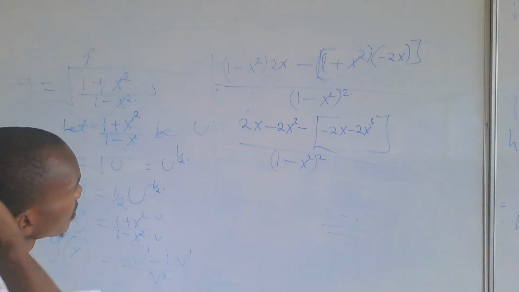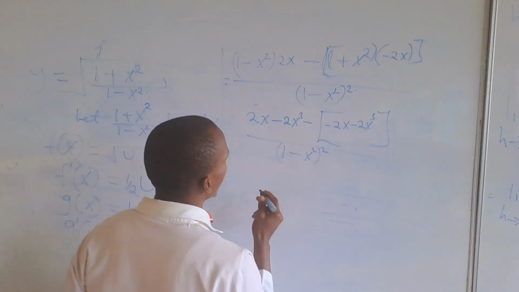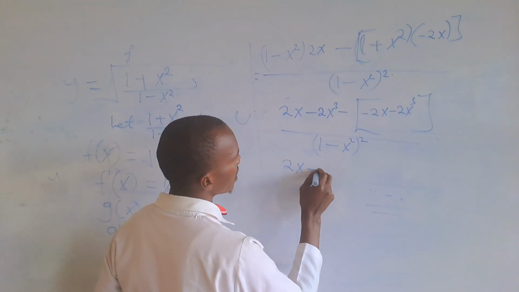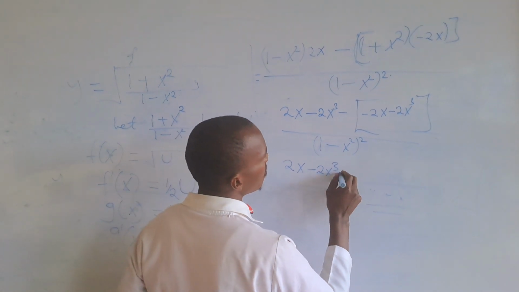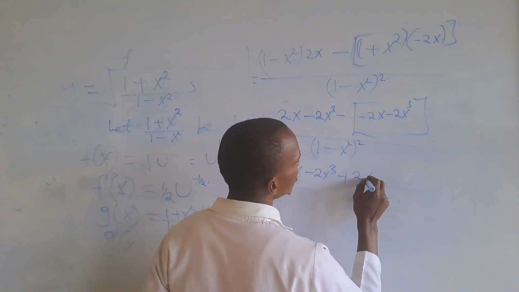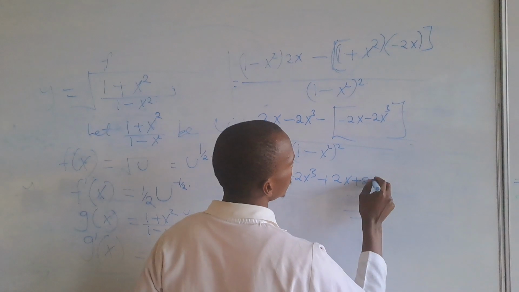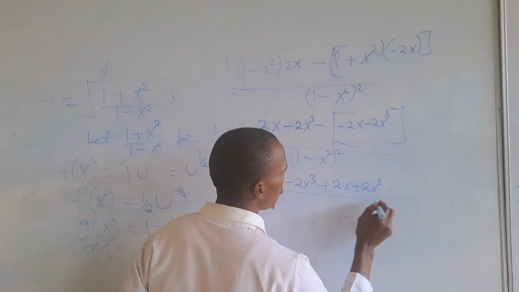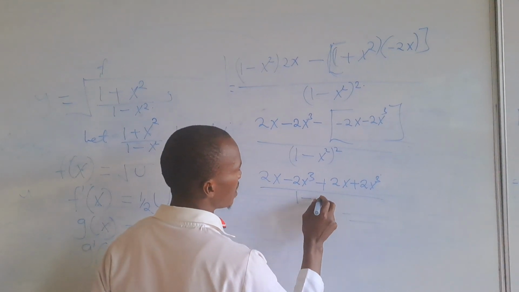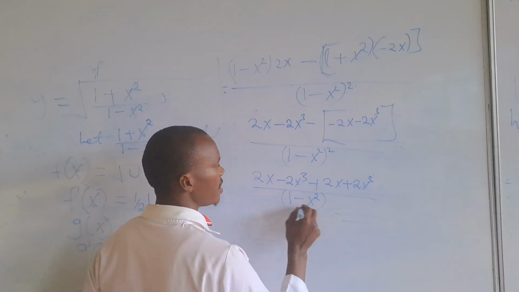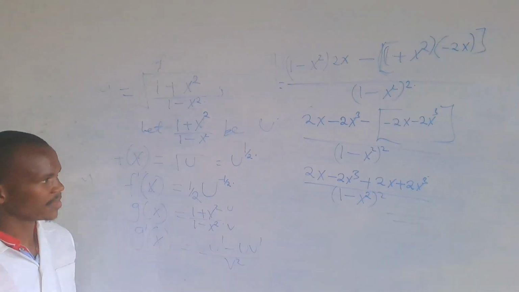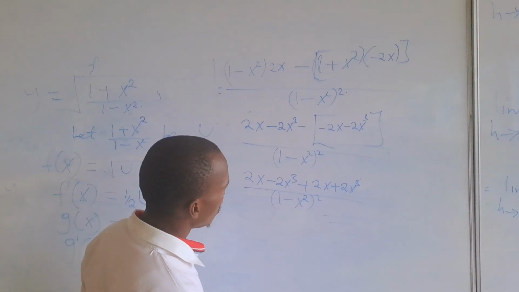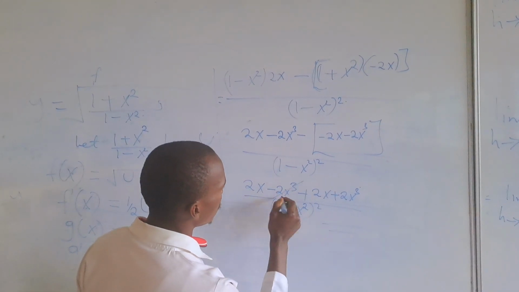And now we can open the bracket by saying, again, the second bracket, 2x minus 2x cubed, plus now 2x plus 2x cubed, in that manner, over 1 minus x squared, like that. So you realize that this one will go with that.